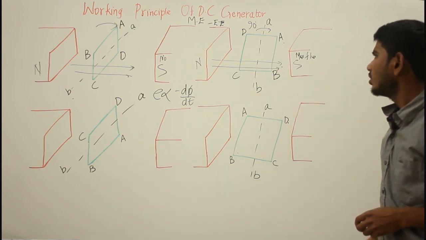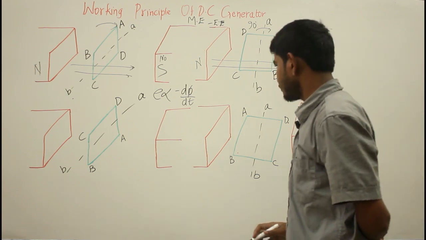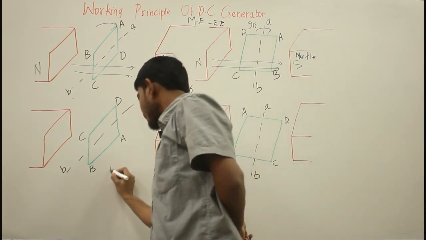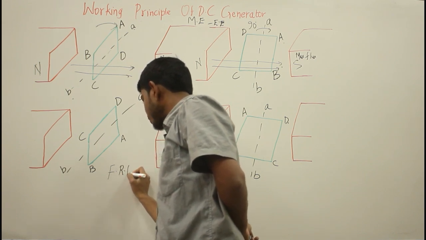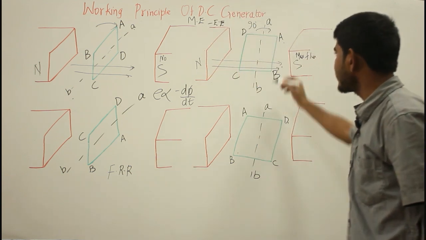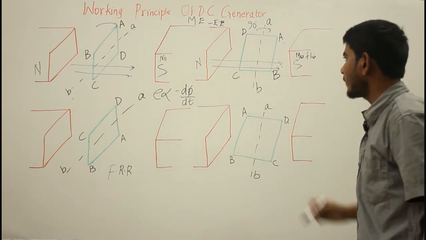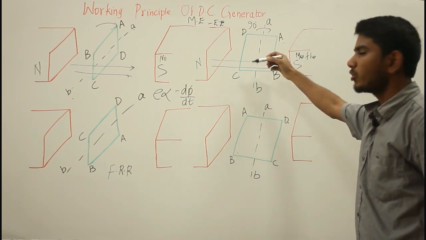The direction of this induced current can be determined from Fleming's right hand rule. From Fleming's right hand rule, you can determine the direction of the induced current by knowing the direction of the magnetic flux lines and the direction of motion of the conductor.